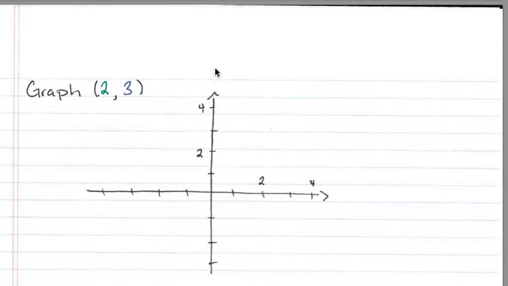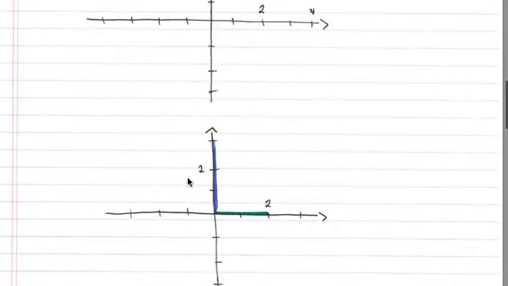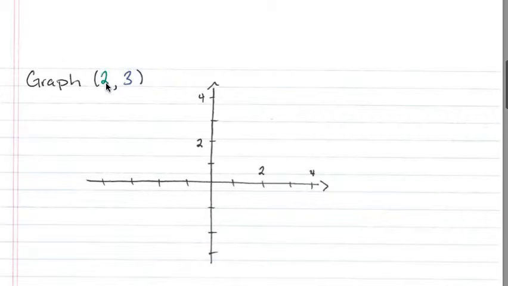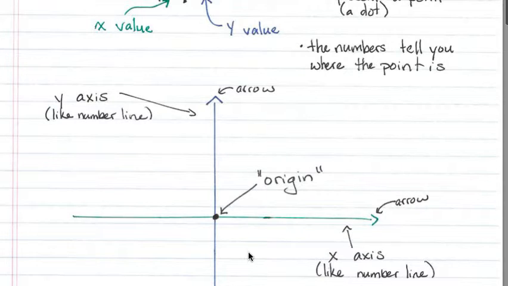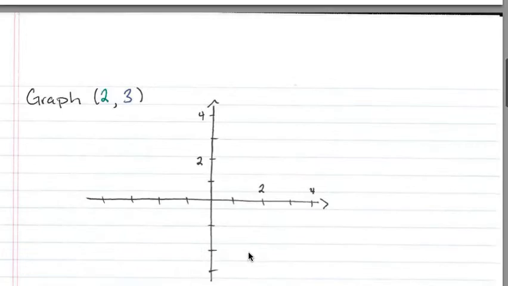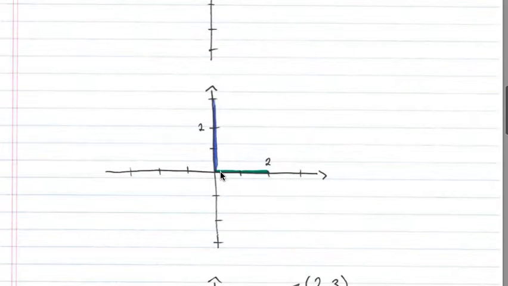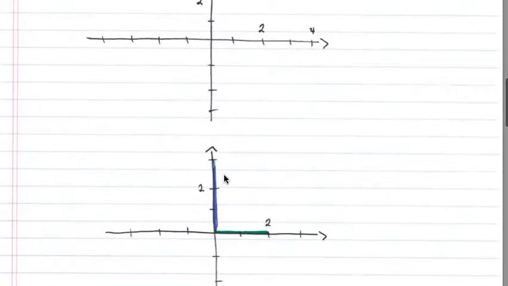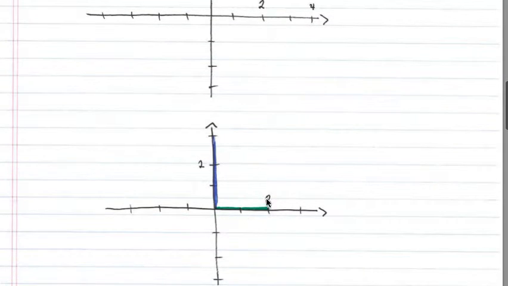Okay, so I've drawn our graph here. Now we have to do something with our particular point. So right here, we can see that the first value, which if you recall, is the x value, and then this horizontal line is the x-axis. Therefore, we take the x value and lay it onto the x-axis right here. The x value was 2, therefore we went 1, 2 over on the x-axis.